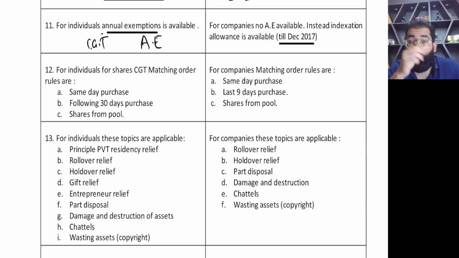For individuals, the matching order rules are same day purchase, number one, then following 30 days purchase, and then shares from the pool. But if you are a company and you are selling shares, these are the matching order rules for companies: same day purchase, then last 9 days purchase, and then shares from the pool.